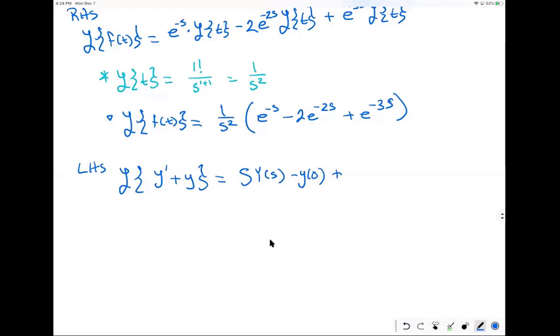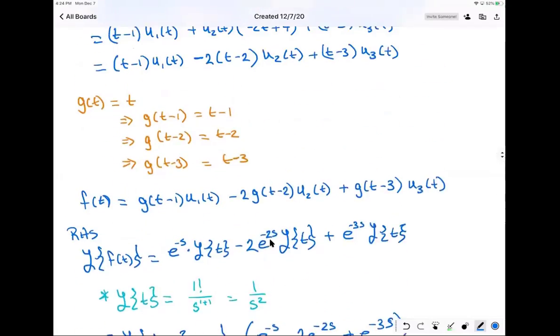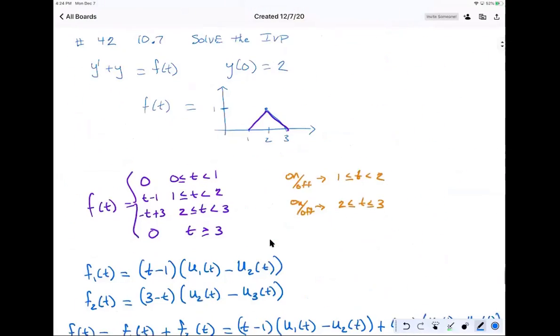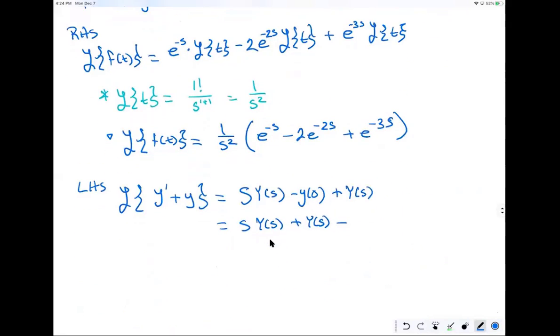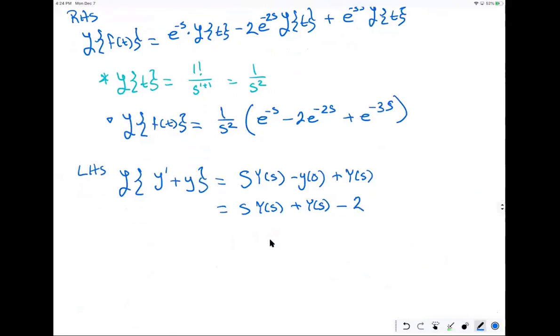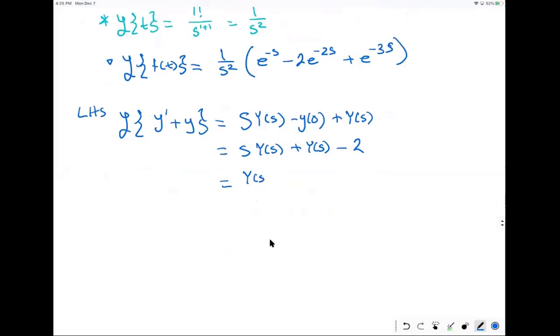And then plus the y, so that would be S to the 0 times big Y of S. And this equals S times Y of S plus Y of S minus, and then what was y sub 0? Y sub 0 was 2. So minus 2. If I factor out the capital Y of S, I'm left with S plus 1, minus 2.